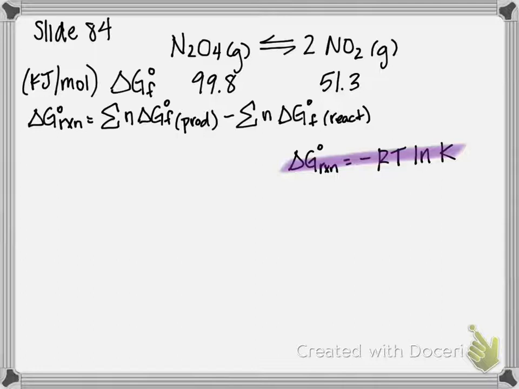But in order for it to be unitless, we have to make sure we have the correct R and T so that all of our units can cancel out.